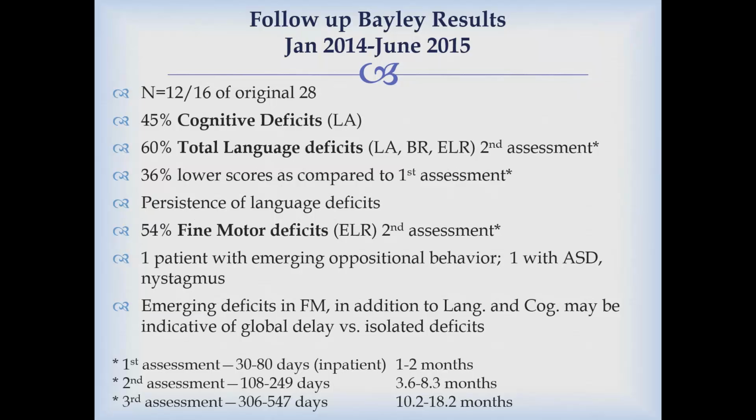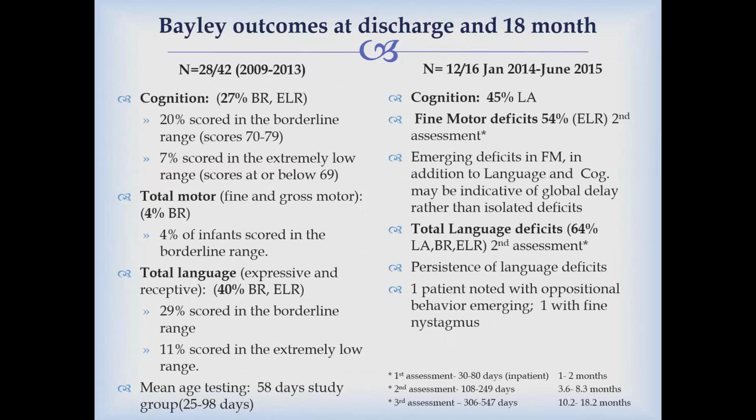54% had fine motor deficits. One patient presented with emerging oppositional behavior at 18 months of age. One possibly with autistic spectrum needs to be followed more closely, and one with nystagmus. Because of the emergence of fine motor deficits in addition to our previously identified language and cognitive deficits, we were concerned that this might be an indication of more global delays rather than isolated deficits.